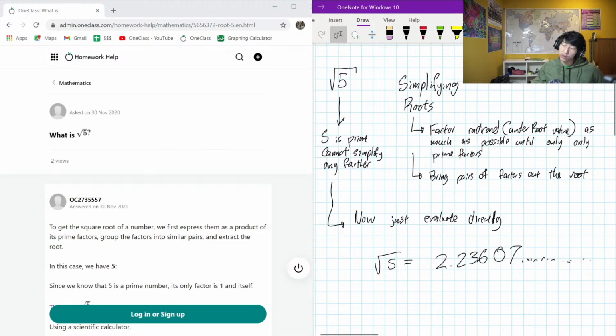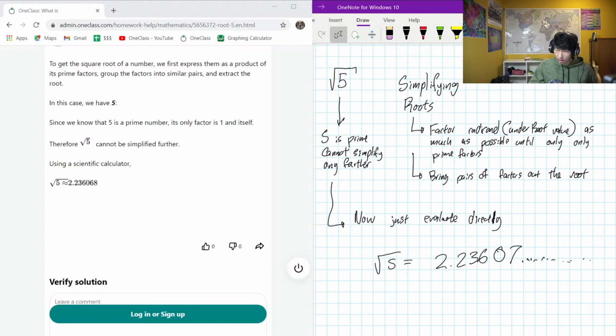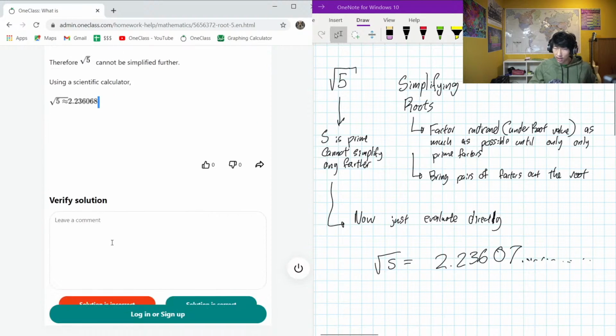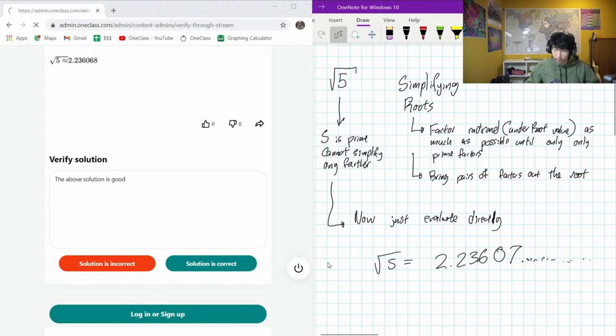I would want to have the root for the maximum precision. Okay, so this is just a rounded version of that, but otherwise the answer is good. The above solution is good. Beautiful.